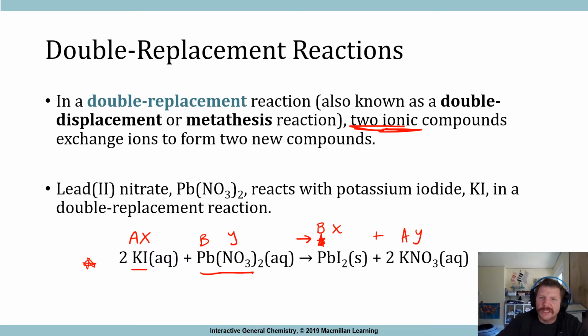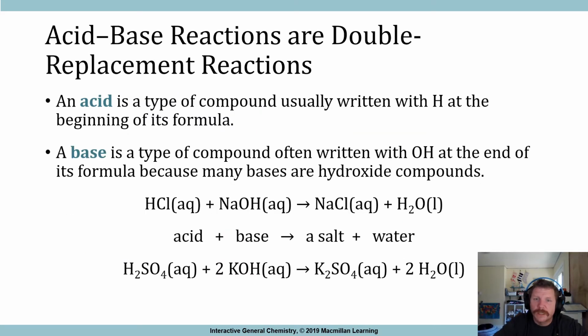In some cases, this produces a solid, lead iodide, making a precipitate there. And in other cases, there's no reaction, and so it's aqueous on both sides. We've got aqueous plus an aqueous yields a solid and an aqueous. So sometimes the states might be different. You might produce a liquid or something like that, which is something that you're going to see here.